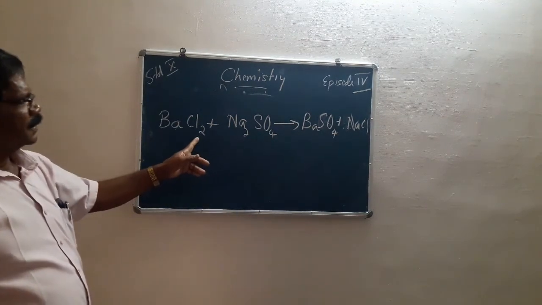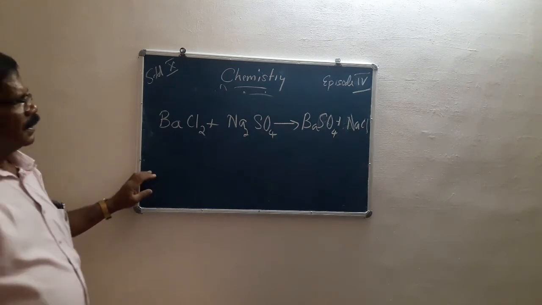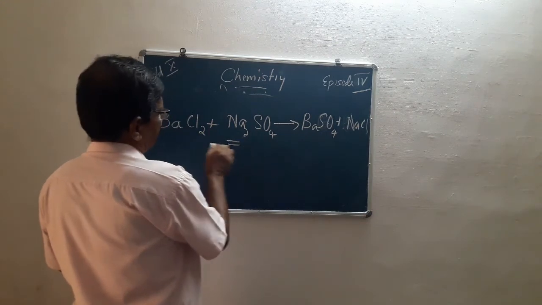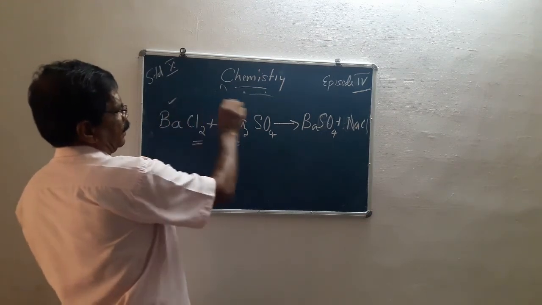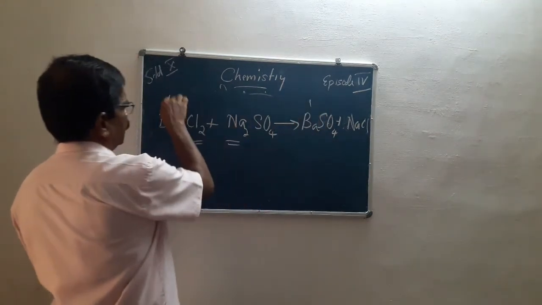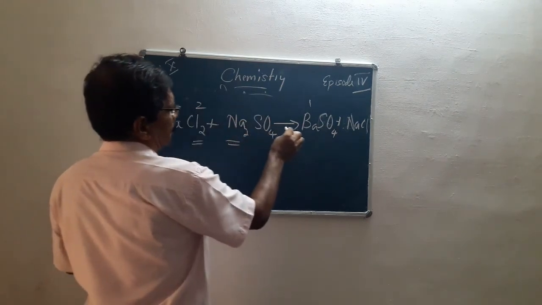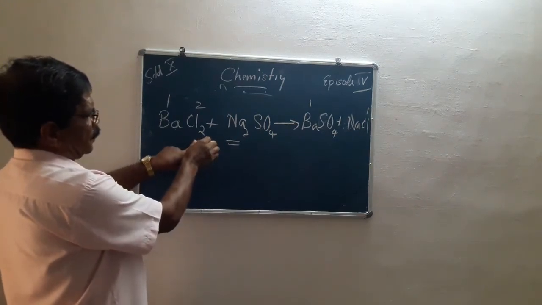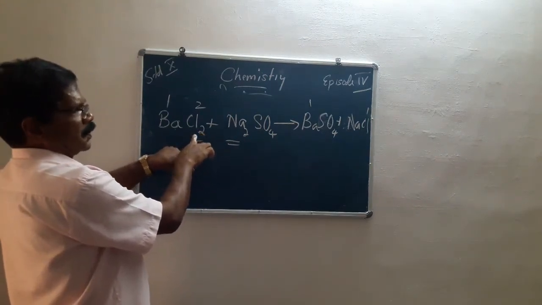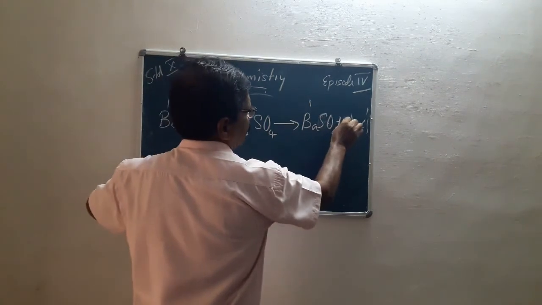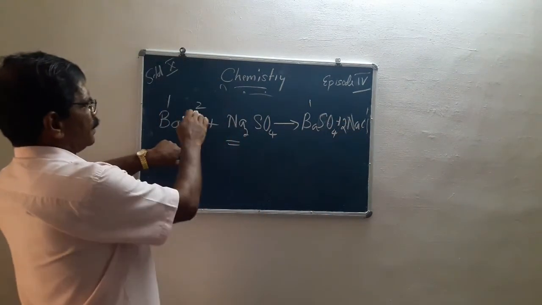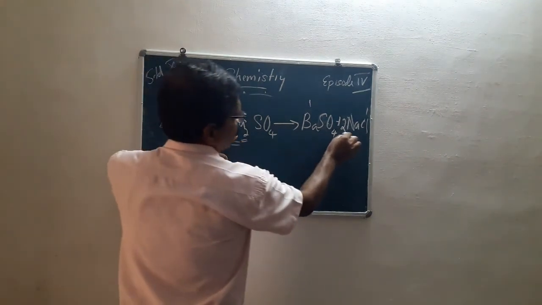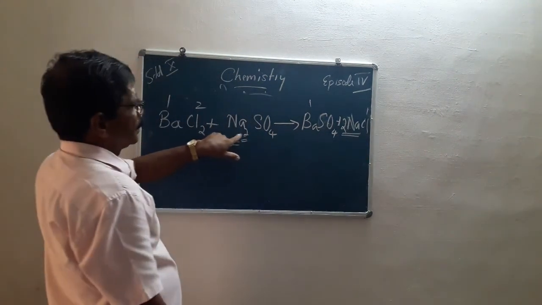Second, we identify whether it is balanced or not balanced. Here, 2 chlorine atoms, here 1 sodium atom, so on the product side also you write 2 chlorine atoms. Then here also 2 sodium atoms, so 2 NaCl.